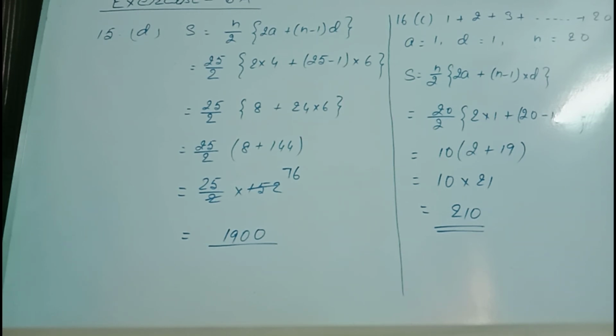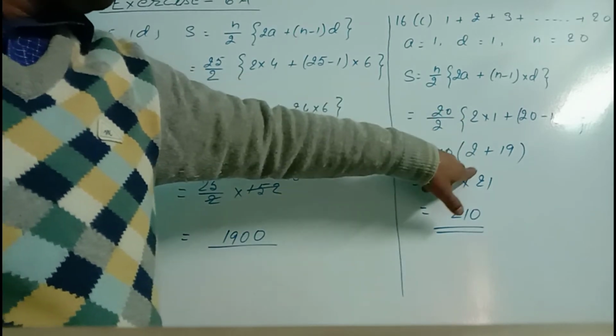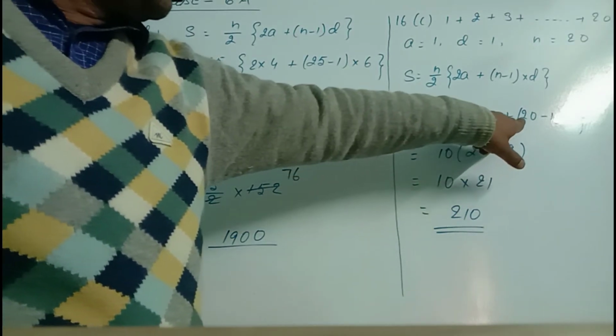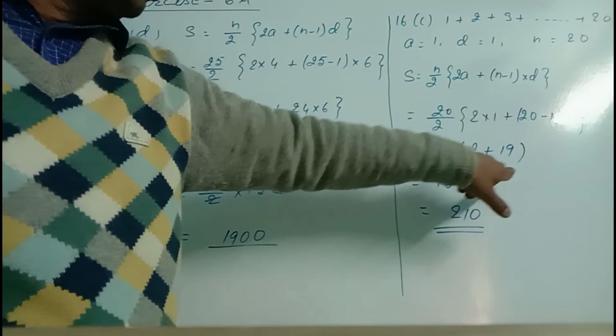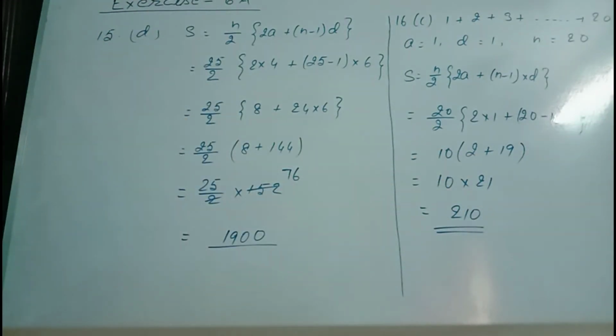Here the values I have kept, n is 20, so 20 by 2, A is 1, so 2 into 1 plus (20 minus 1) into D, D is 1. I calculated this equation. 2 10s are 20, here 2, and plus 19 into 1, 19. So 10 into 22, that is equal to 220.